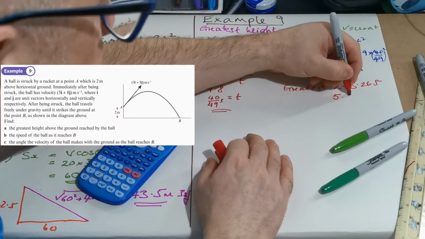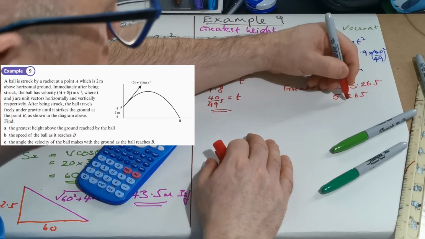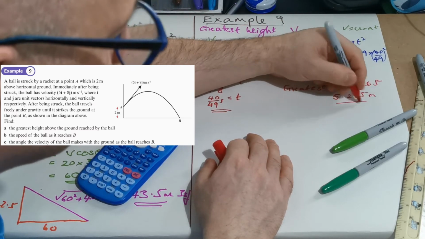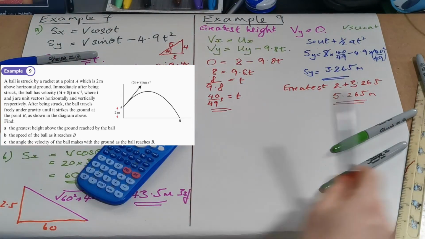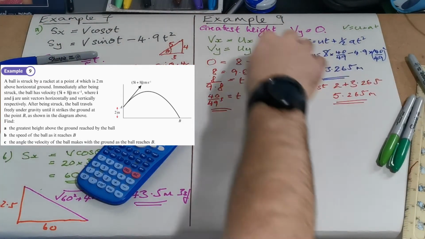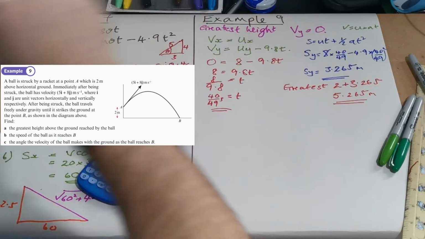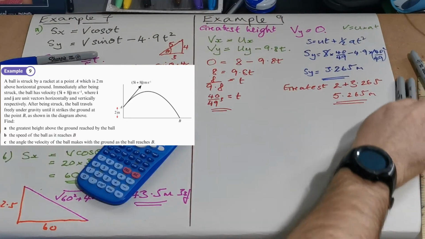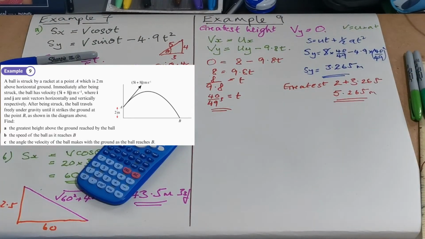So that's 5.265 meters high. You could have used v squared equals u squared plus 2as and you would have got that in one go, but there's more than one way to do these sorts of things.